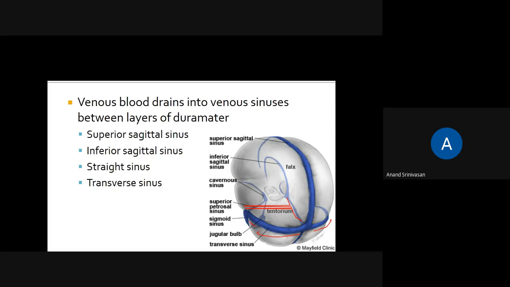The transverse sinus then continues down as the sigmoid sinus. So these are the venous drainage of the brain: superior sagittal sinus, inferior sagittal sinus, straight sinus, transverse sinus, and then the sigmoid sinus.